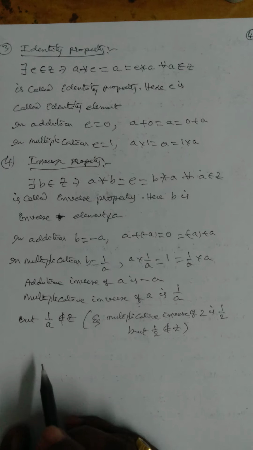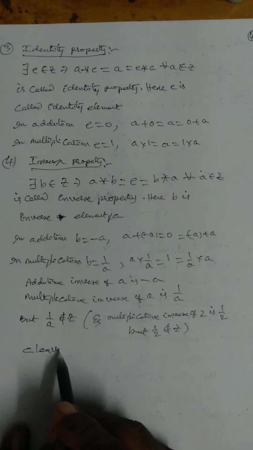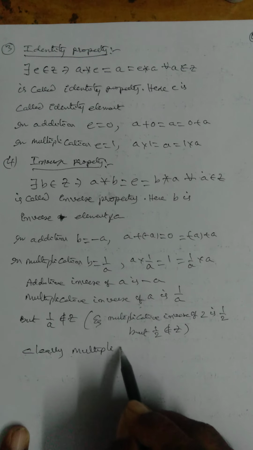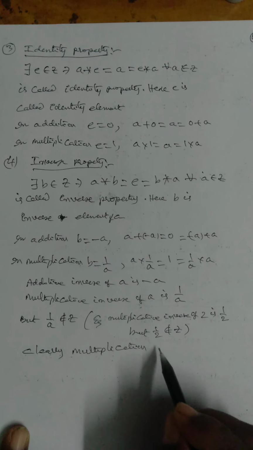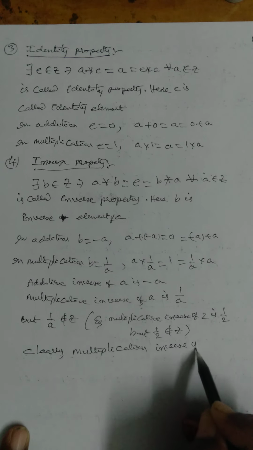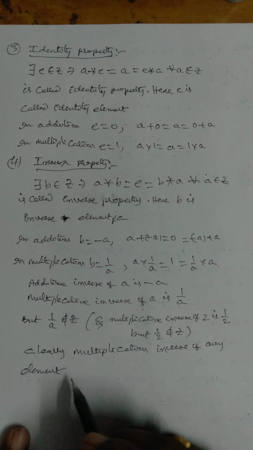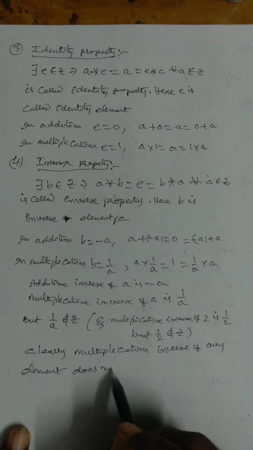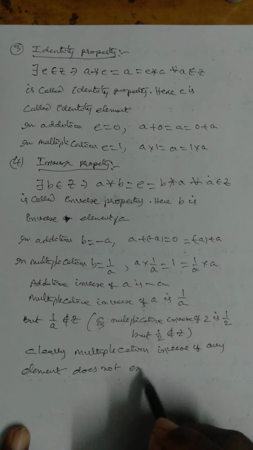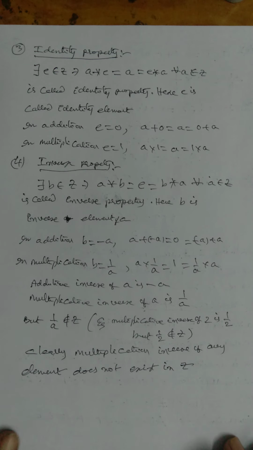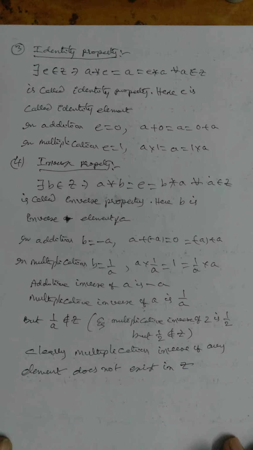So clearly multiplicative inverse of any element does not exist in Z.